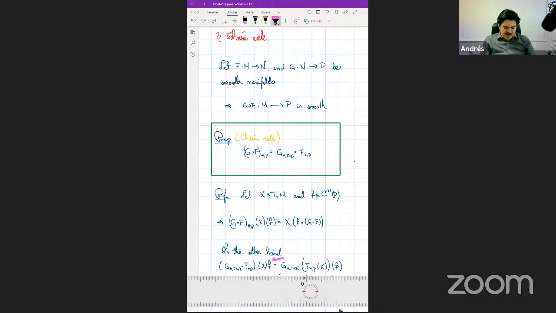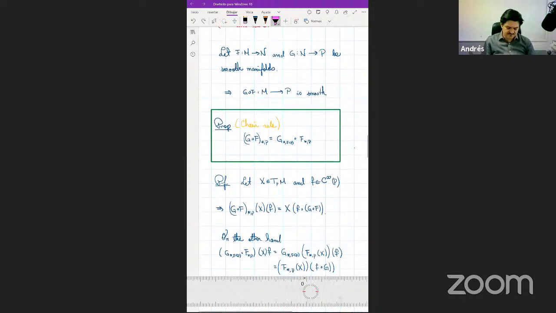Right? But now, let's apply the differential definition here on g lower star. So this is my x, and this is what I'm putting here, right?